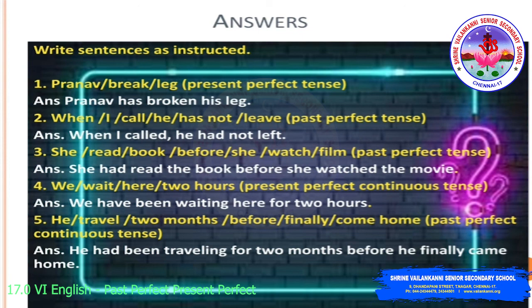He had been traveling for 2 months before he finally came home.